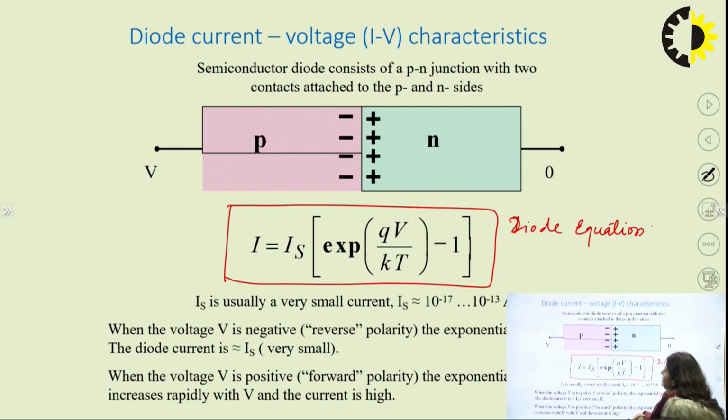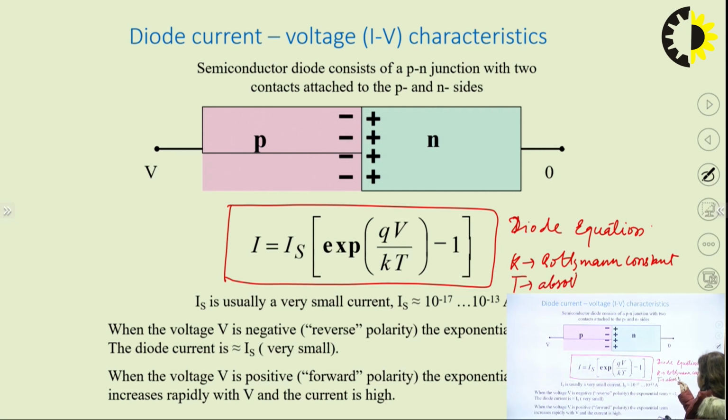In this equation, I is equal to I_s times exponential qV upon kT minus 1, where k is the Boltzmann constant, T is the absolute temperature, and V is the applied voltage.